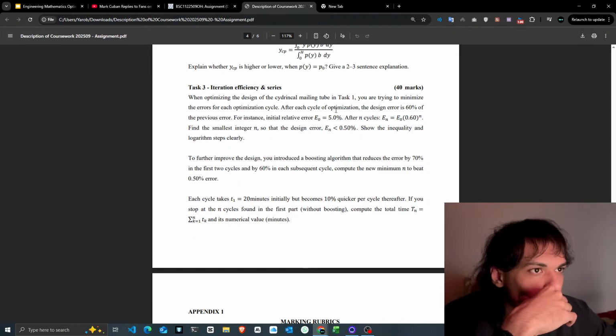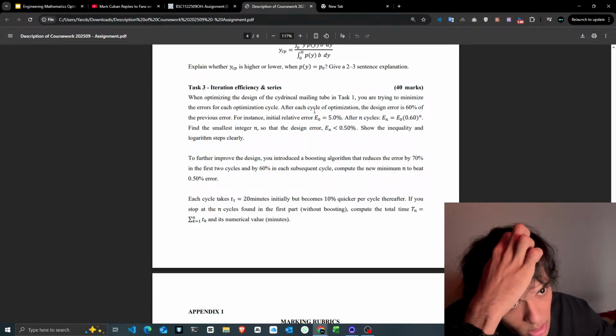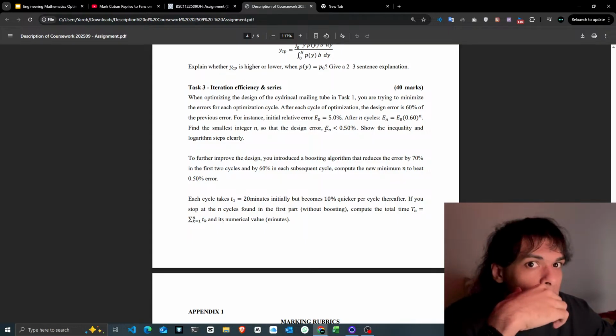After each cycle of optimization, the design error is 60% of the previous error. Okay.